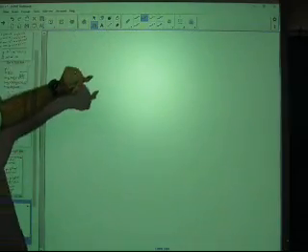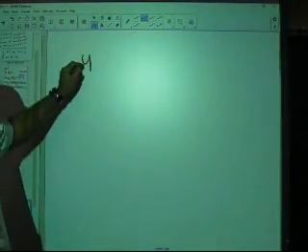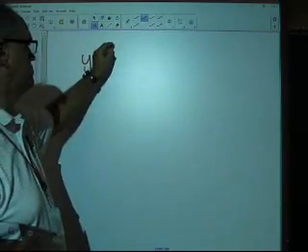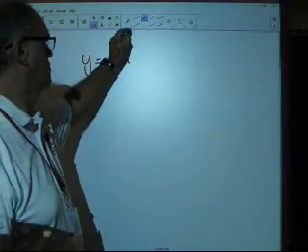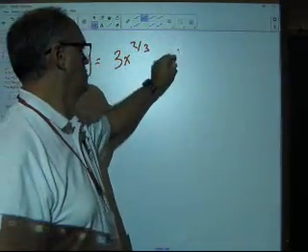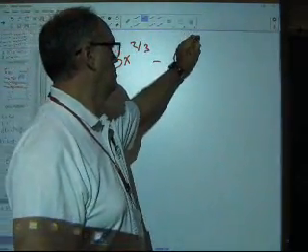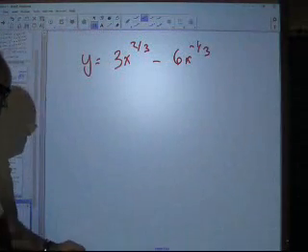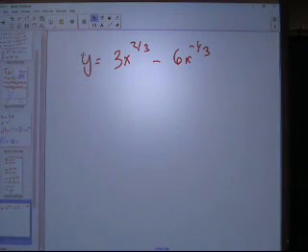Okay. So let's find the derivatives again. Let's see what you do with that. 3x to the 2/3 minus 6x to the negative 1/3. Let's see what you can do with that. Do we have to?